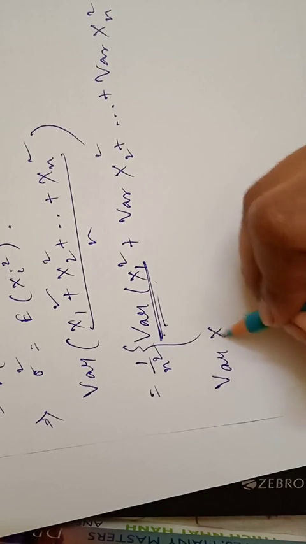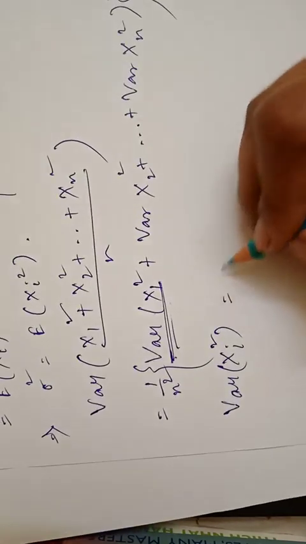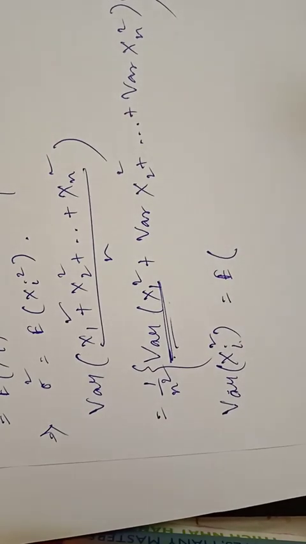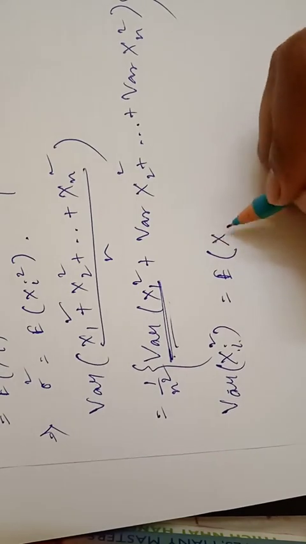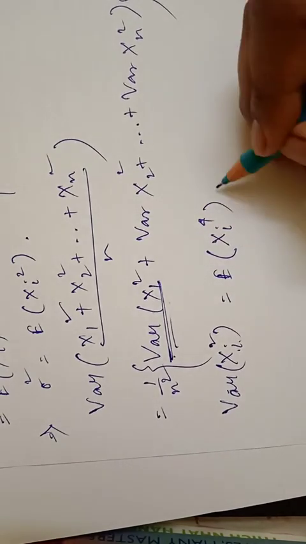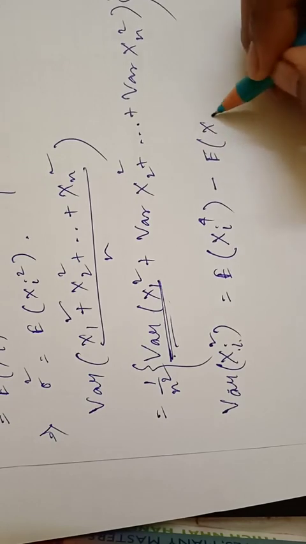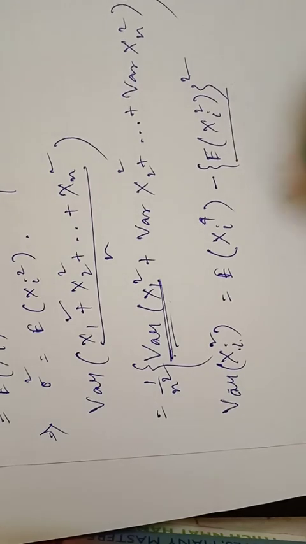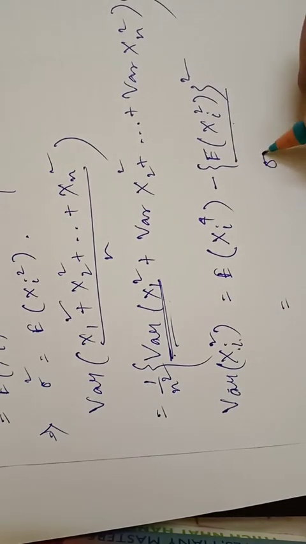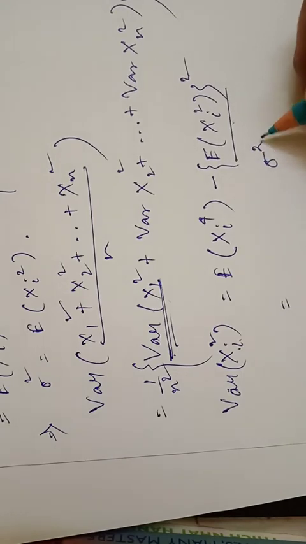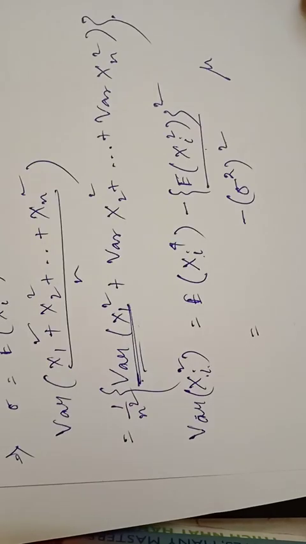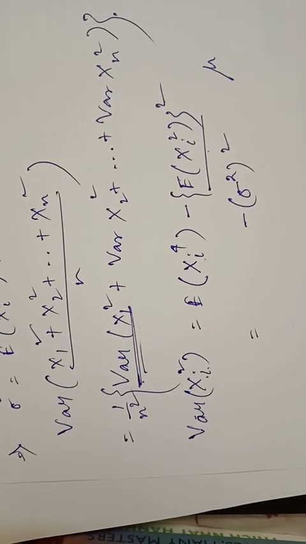So variance of Xi square. When variance of Xi was there, the formula was expectation of Xi square minus expectation of Xi whole square. So when it is square, we need to use this square also, that is Xi to the power 4 minus expectation of Xi square its whole square, right? Now we know this value is equal to sigma square, we have already taken it. So sigma square its square, and to calculate the first value we can apply the moment generating function, which means how to calculate the moment with respect to the origin.